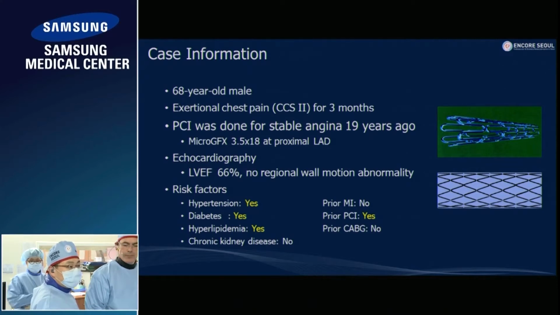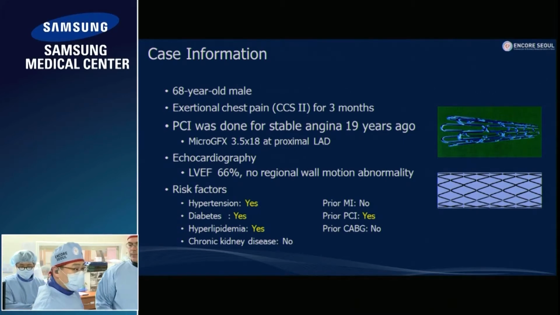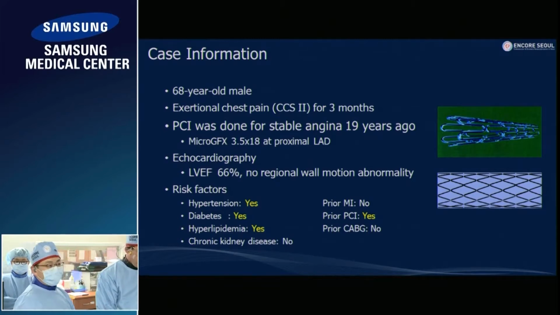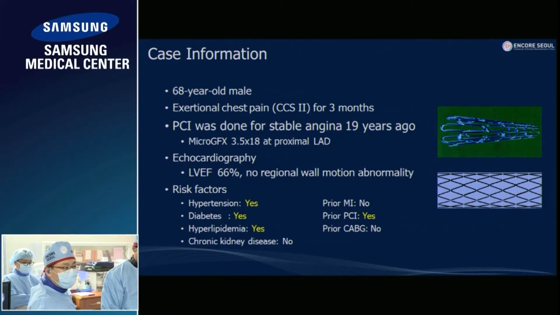His recent echocardiography shows normal LV systolic function and no regional wall motion abnormality. His risk factors are hypertension, diabetes, hyperlipidemia and prior PCI.